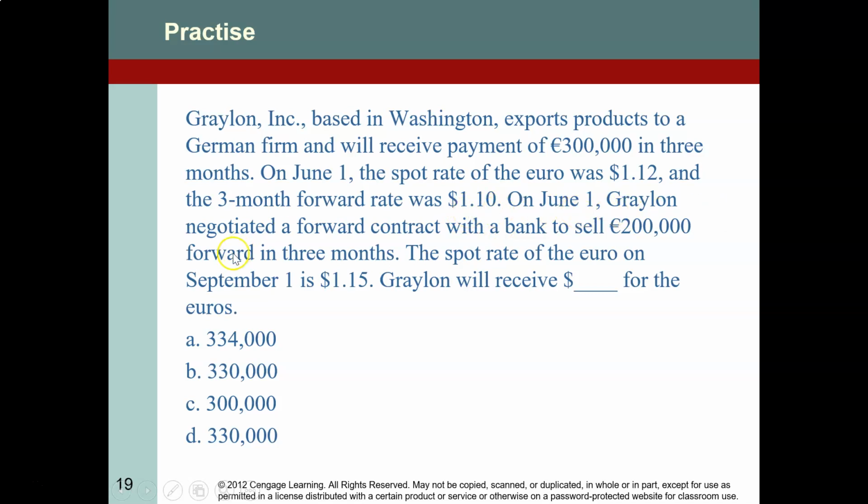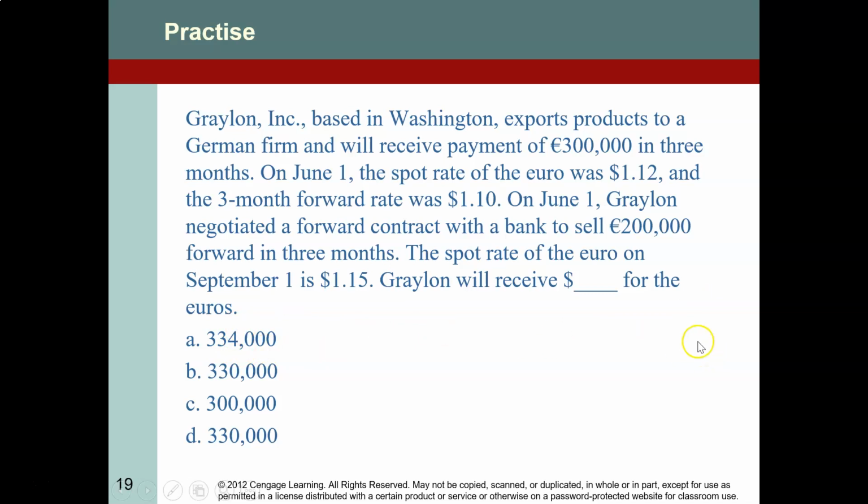On June 1st, Grayland negotiated a forward contract with a bank to sell 200,000 euros forward in 3 months. The spot rate of the euro on September 1st is $1.15. Grayland will receive how much dollars for the euros?